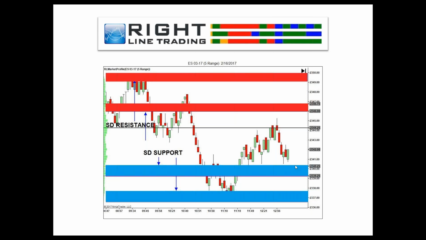But the only place that these zones are actually active is on the right edge, because the right edge of the chart is the only place that market profile is accurate based on volume profile. I'm going to show you that more. You cannot create this fixed zone of support and resistance based on volume profile.